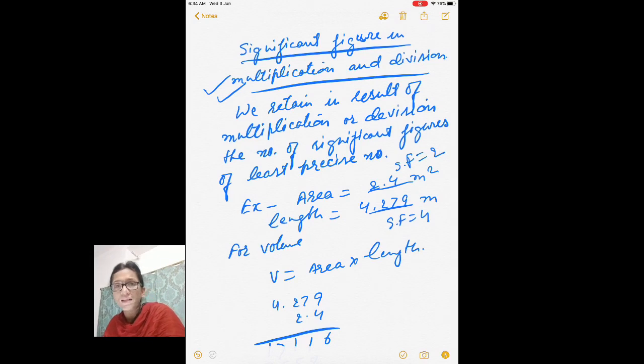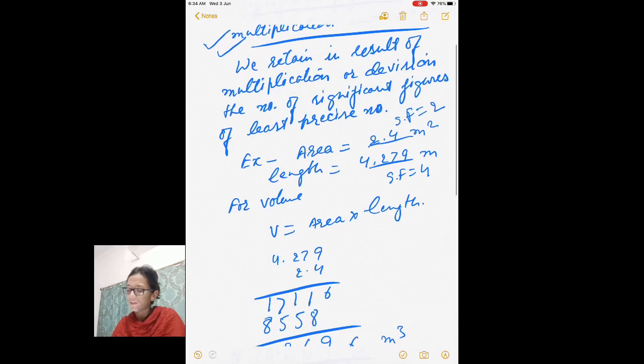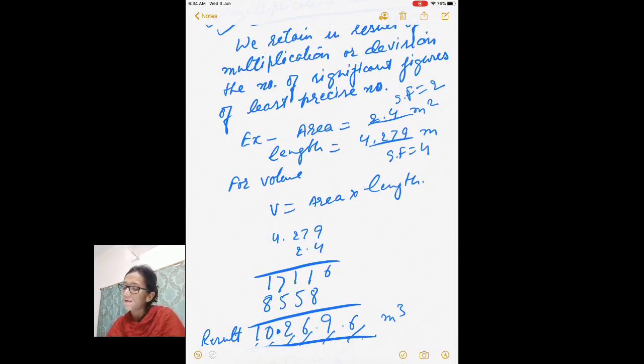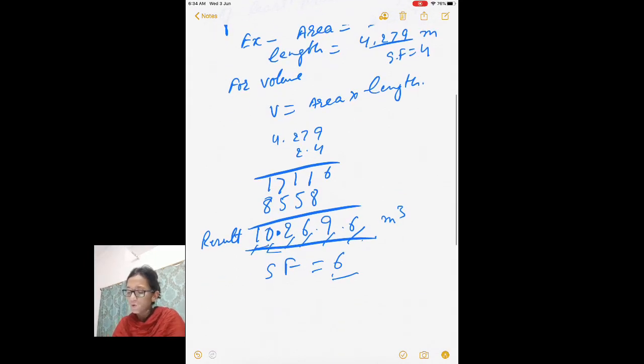In case of addition and subtraction, we retained the number of decimal digits of the least precise number. But in case of multiplication and division, we retain the number of significant figures of the least precise measurement. Here it is 2 only. So keeping 2, we will remove every other number.